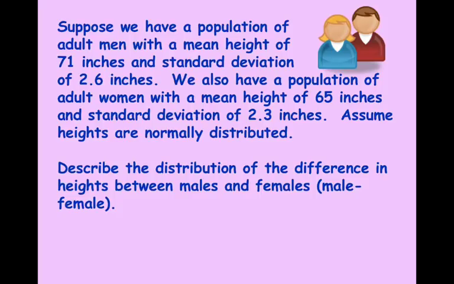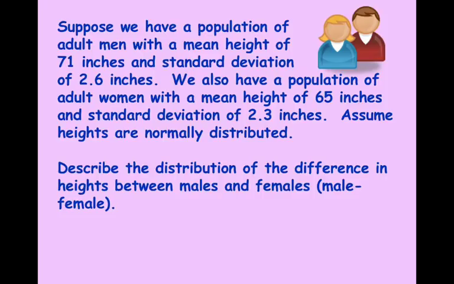Remember, when we say that we're going to describe the difference, we're talking about CUSS and BS. So we're going to talk about the center, the shape, the spread, anything unusual, and then we need to make sure that we're describing the distribution in context. If both of my populations, the heights of men and the heights of women, are normal, then the difference in their heights will also be normally distributed.